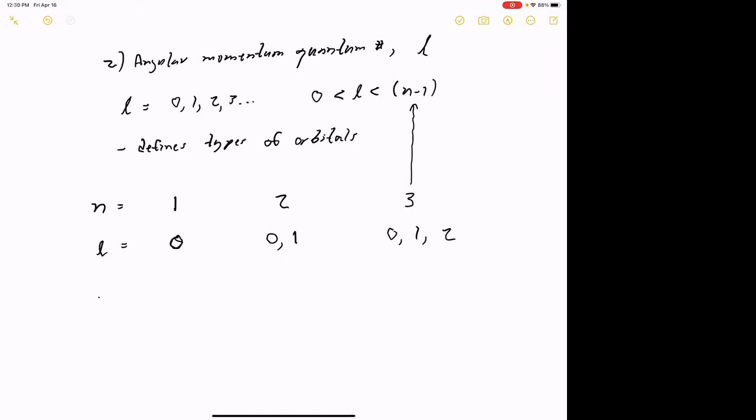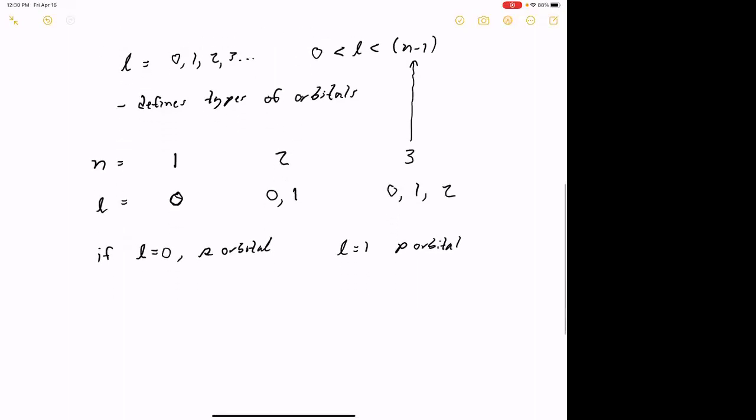But here are my orbital types: if L is equal to 0, that corresponds to what we call an s orbital. If L is equal to 1, that's what we call a set of p orbitals, or we can say it's a p orbital. We're going to find out there are different ones. That's the next quantum number we have to deal with.